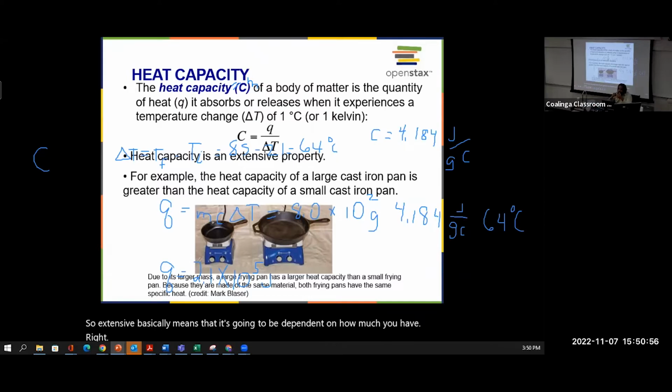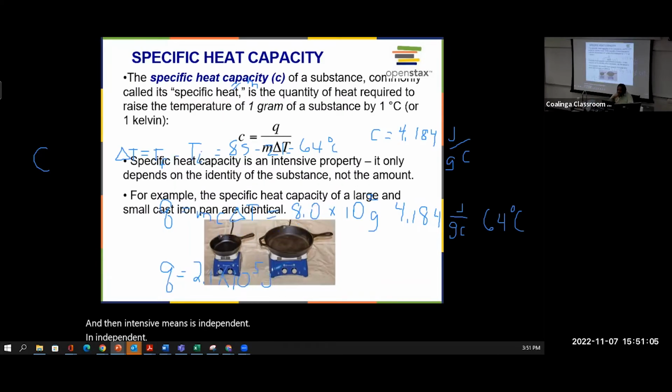Intensive means it's independent, in this case independent of mass. So it's not dependent on how much it has, it's just dependent on what it is. That's the reason we have mass outside of it, because you have to tell me how much you have.